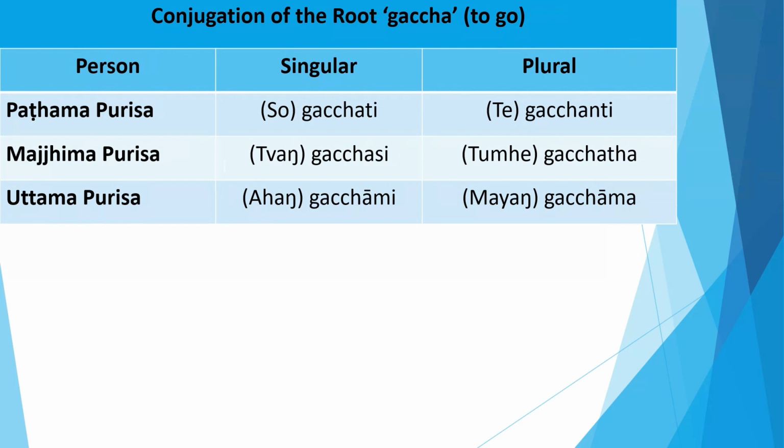Look at the table. There are three columns. In the first column you see the persons. In the second and third columns you see singular and plural forms. I have also mentioned the personal pronouns within brackets so that you can easily understand. Pathama Purisa means the third person in English.